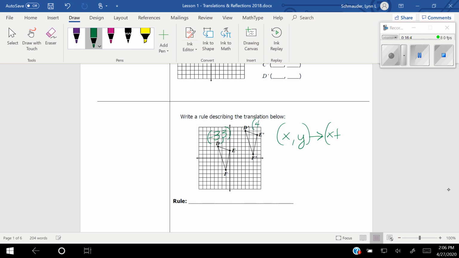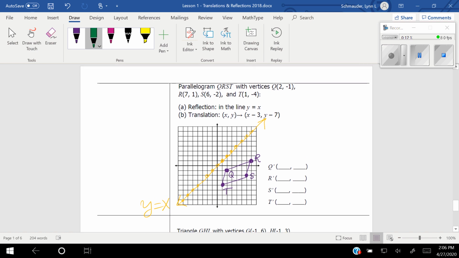D prime is 4, 7. So how many steps to the right does it take me to get from -3 to 4? 7, I believe. And to get from 3 to 7, it's going to be y plus 4. So actually, that should have been right there.